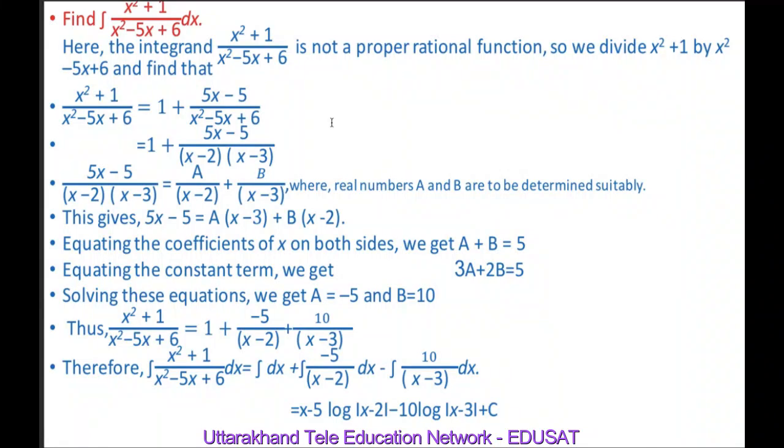So now we have seen how to integrate a rational function which is not a proper rational function. So remember, for all the questions, whenever the function is not a proper rational function, first of all divide the numerator by denominator and then reduce it to partial fractions.